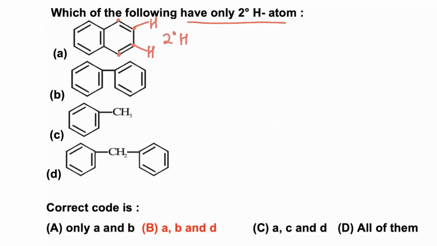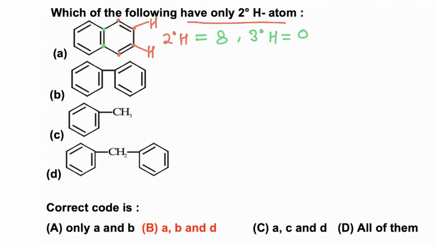This molecule also has 3 degree carbon, but the 3 degree carbon is not attached to any hydrogen atom because its valencies are satisfied by sigma and pi bonds with other carbon atoms. So 2 degree hydrogen atoms is equal to 8 and 3 degree hydrogen atoms is equal to 0. So all the hydrogen atoms are 2 degree.